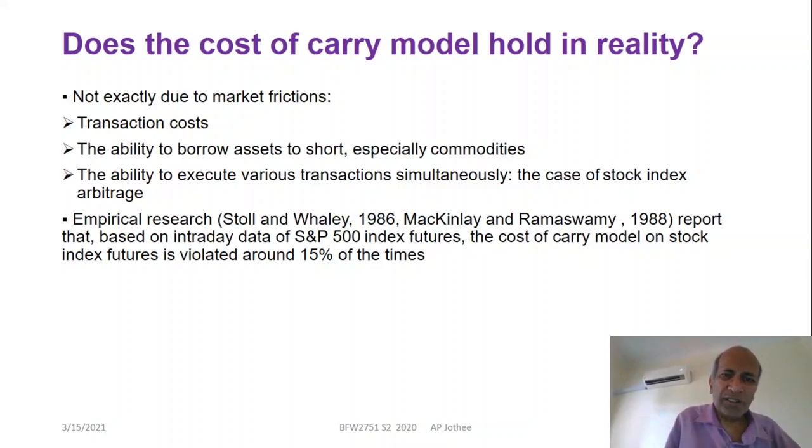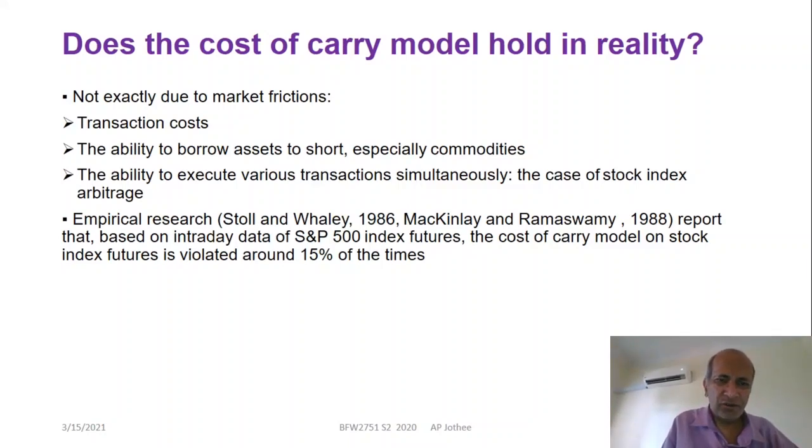Not exactly, due to market frictions. That is, transaction cost is there. You cannot say, oh, assume there is no transaction cost. The ability to borrow assets to short, especially commodities, is quite impossible. If you want to do short selling, you can by contract only. But if you want to borrow it physically and sell it now, it is not possible.